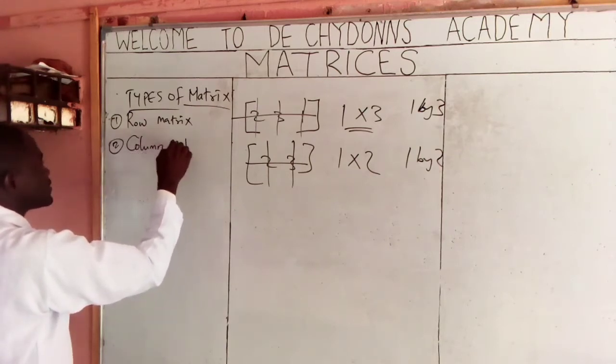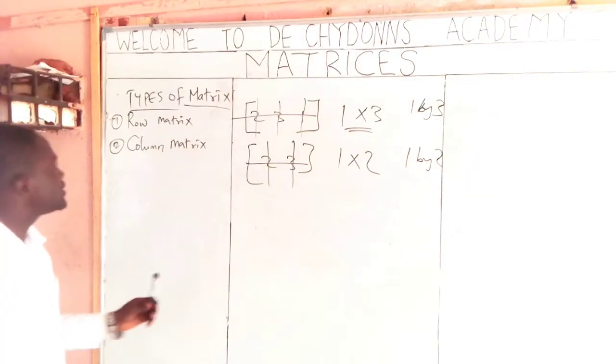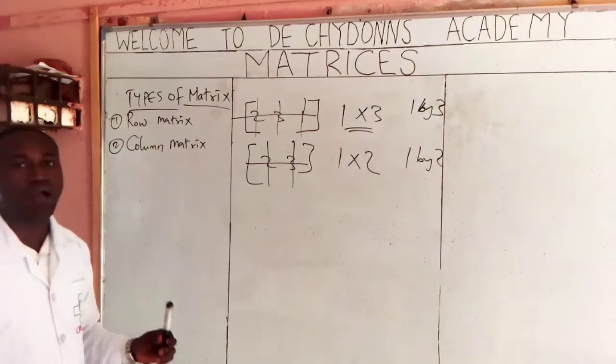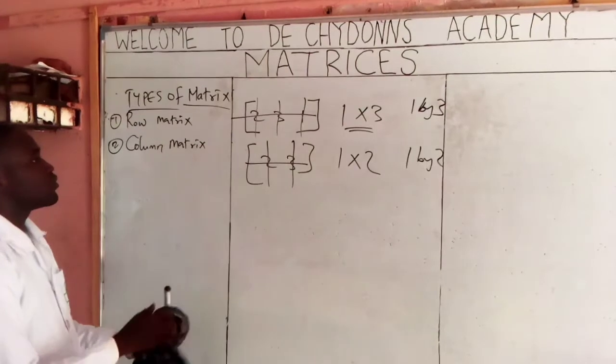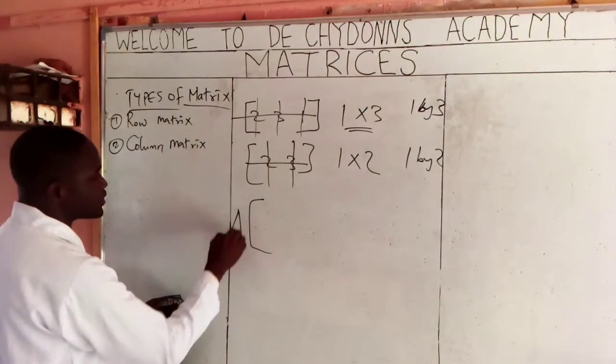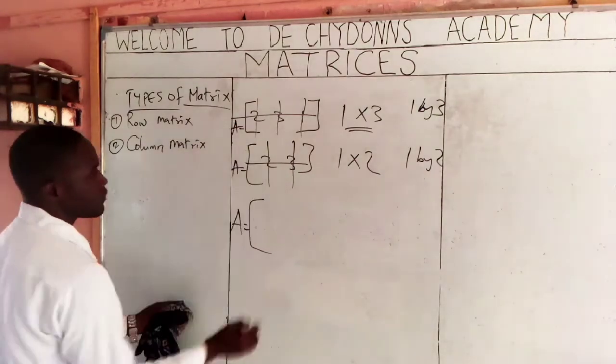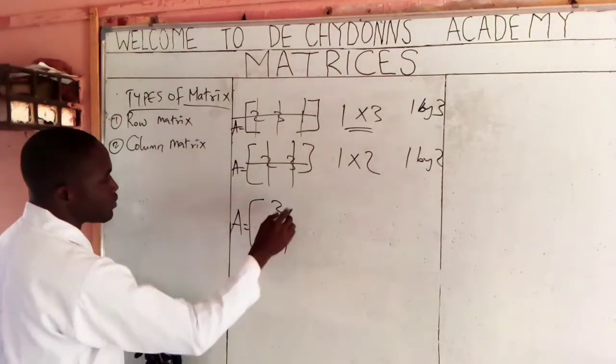Okay, so the next one is column matrix. Column matrix is a matrix with only 1 column. It is written this way. Given matrix A equals 2, 3, 1.